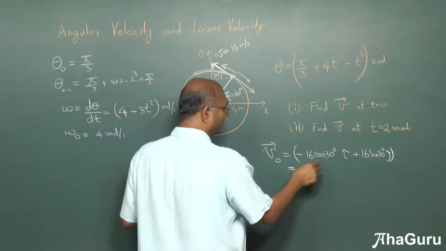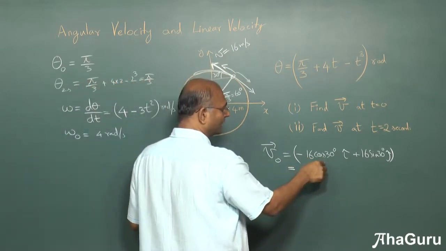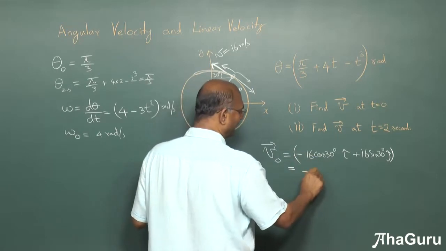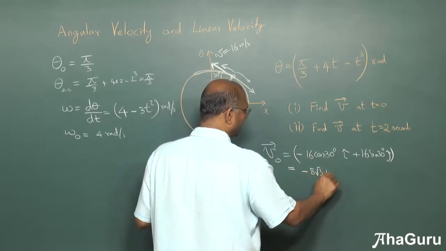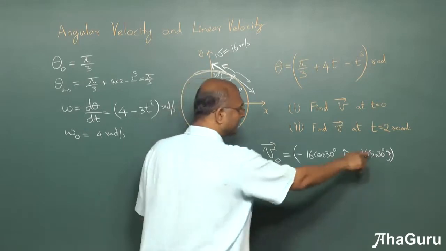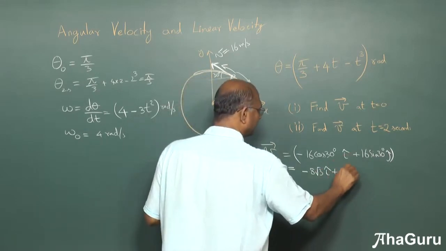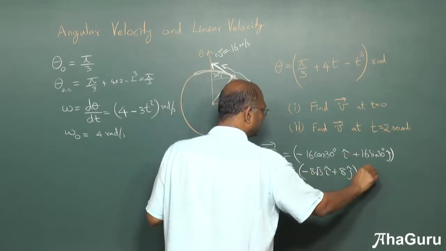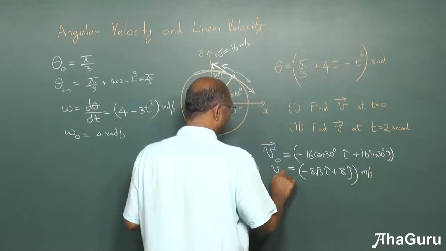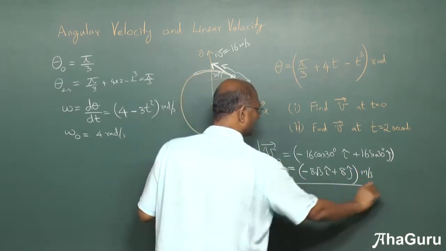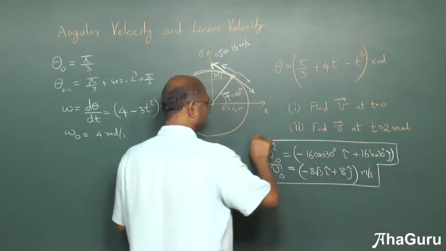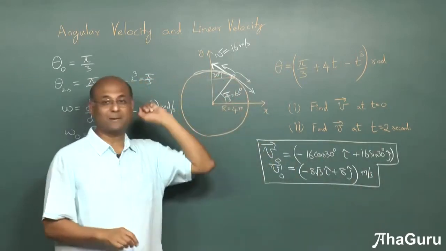Cos 30 is root 3 by 2, so if I divide the 16 by 2, it is minus 8 root 3 i cap. Sin 30 is just half, so plus 8 j cap meters per second. So this is the velocity at t equals 0. That is the answer to the first part.